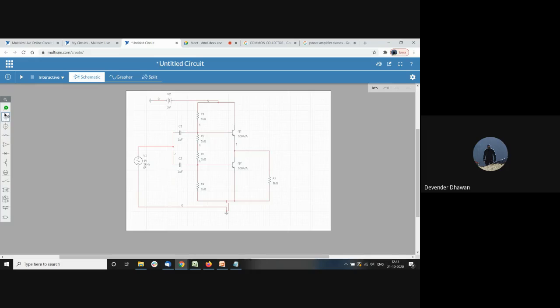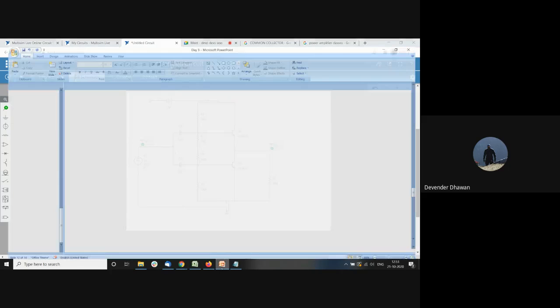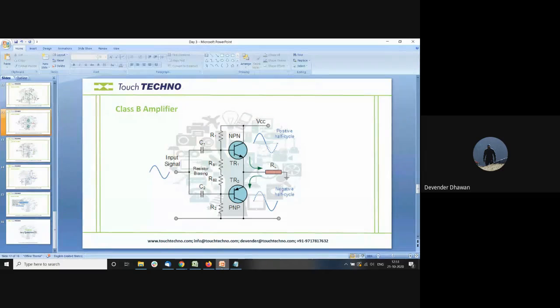Now we will need two ports, one for input, another for output here. Let us just try to run this now.